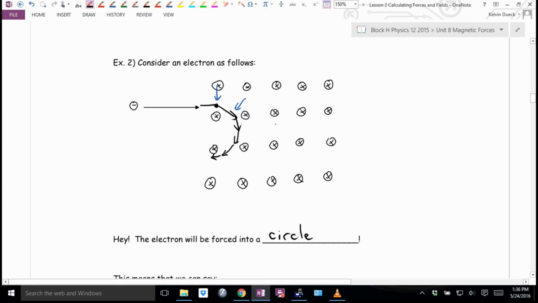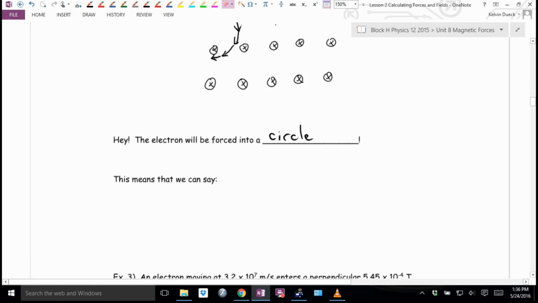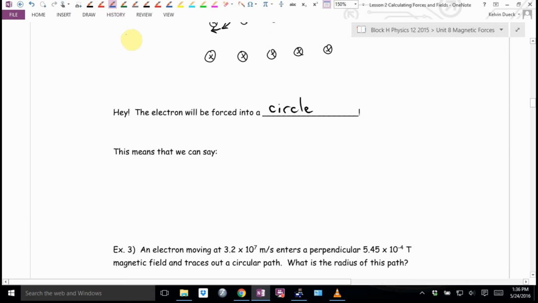So, are you ready? What path is this charged object tracing out? Circle. That means that I can say magnetic force is what's pushing me in a circle. And this is nice review from the very end of the year, too.